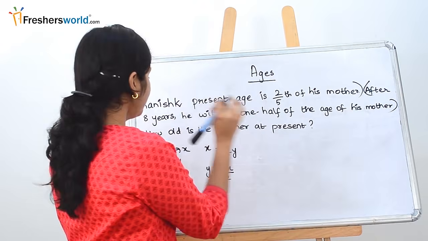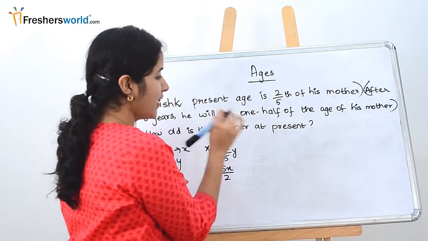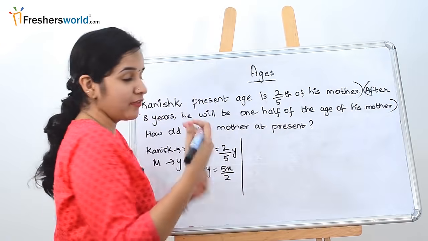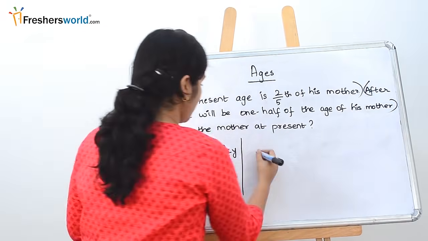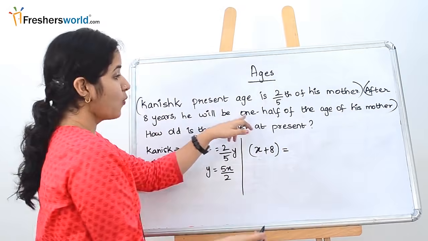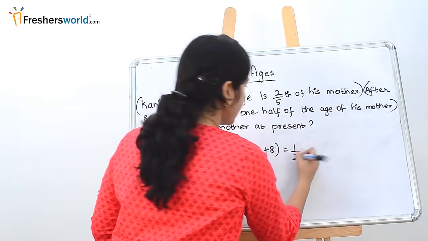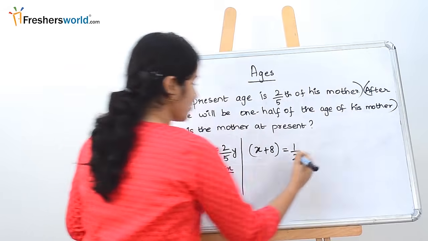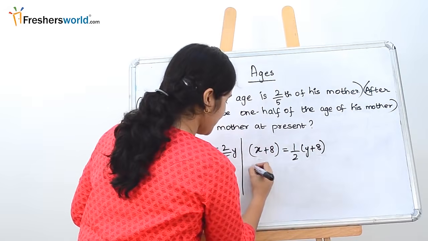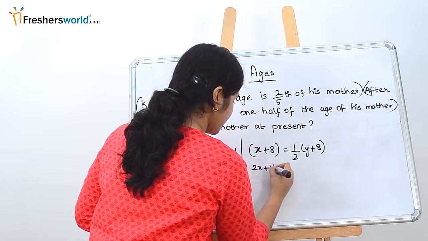Next, after 8 years, he will be 1/2 of the age of his mother. The word after means we have to add here. So after 8 years, Kanishk's age will be half of the age of his mother. The mother's age is Y, so Y plus 8. Just cross multiply it: 2X plus 16.